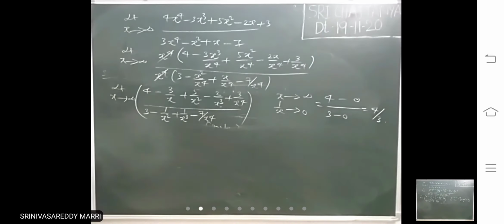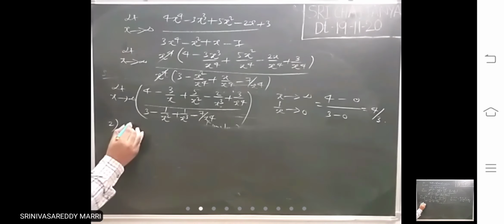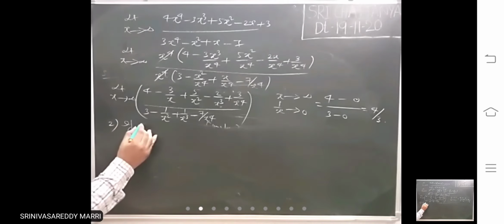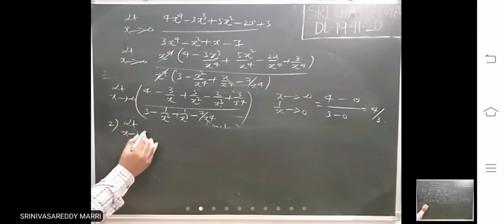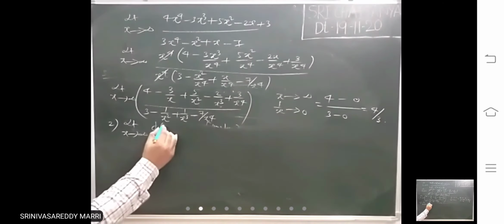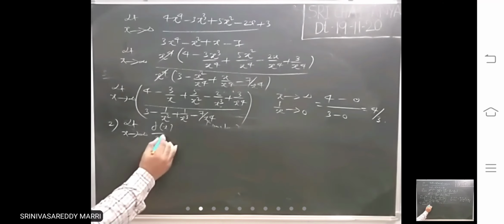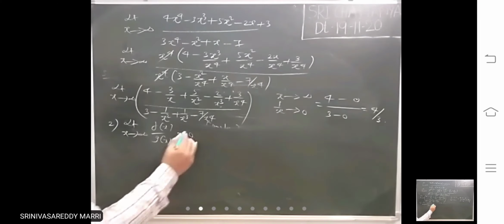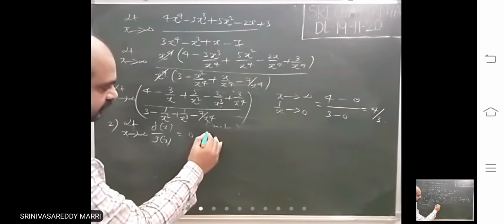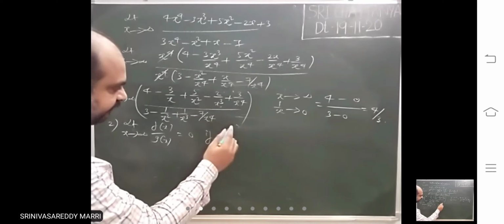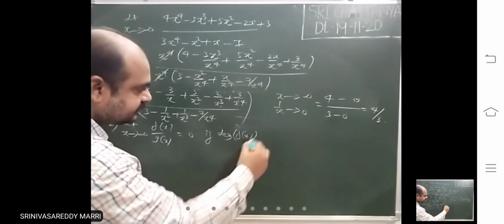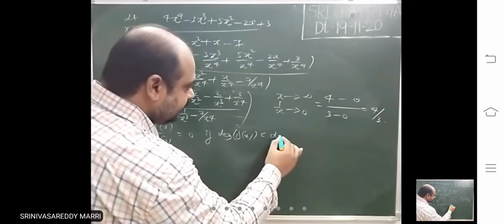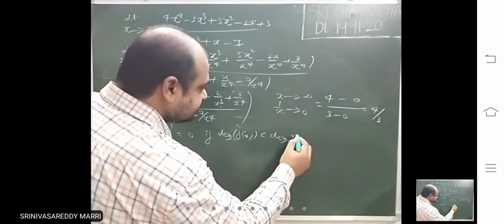So suppose second form. If limit x tends to infinity, f of x divided by g of x will be equal to 0 if degree of f of x is less than degree of g of x.